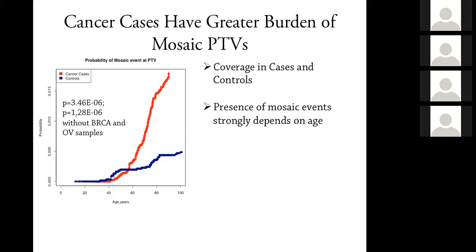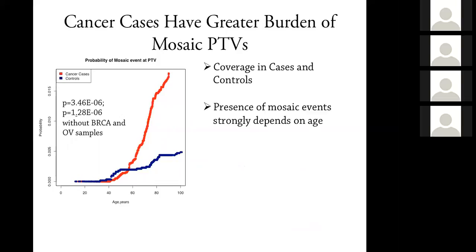So we basically adjusted the null distribution, the expectation of the burden of the mosaic PTVs, for this kind of age dependence. All of the further studies are adjusted for age.